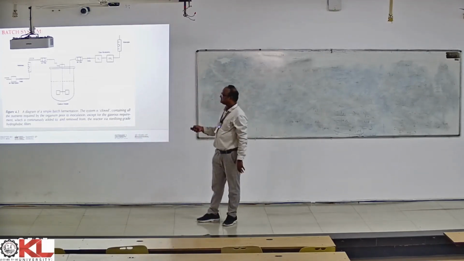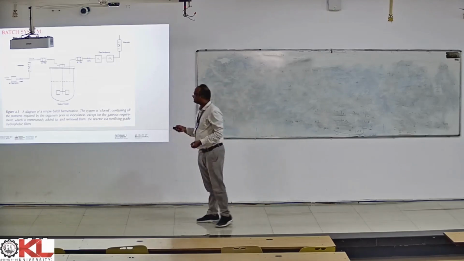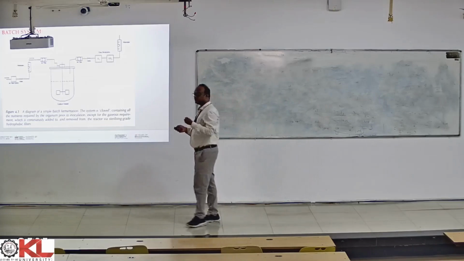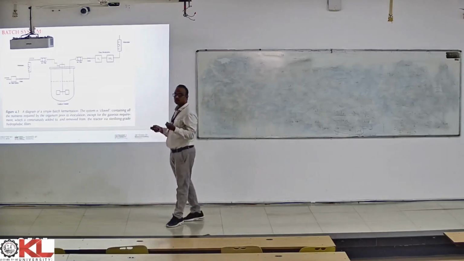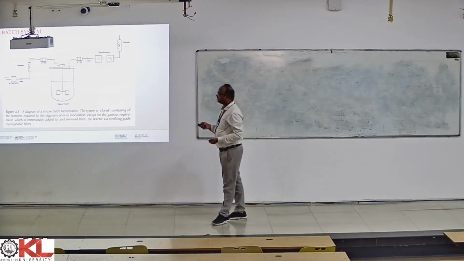Sterile air will be sent into the bioreactor during the course of bioconversion or bioreactions, and the air will be sent out of the bioreactor, which is nothing but the unwanted gases released by the microorganisms.